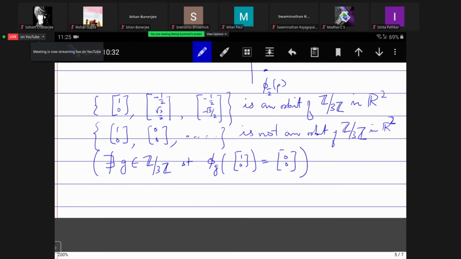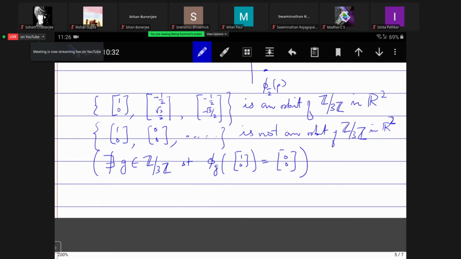When we say it is an orbit of Z mod 3Z in R2, we mean there exists an element in R2 whose orbit this is, without specifying what that element is. Is that clear? Yes, it is an orbit of some element. For this point, we don't care what specific element that is. We just say it is an orbit.